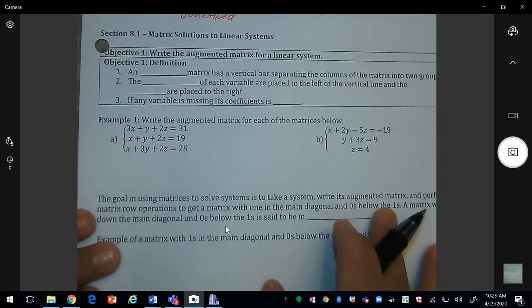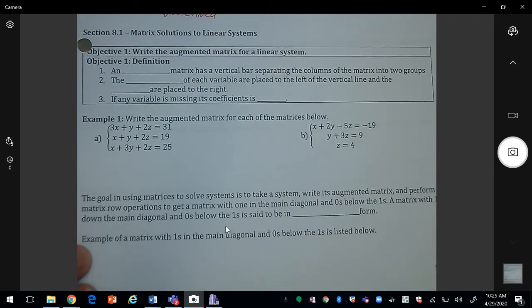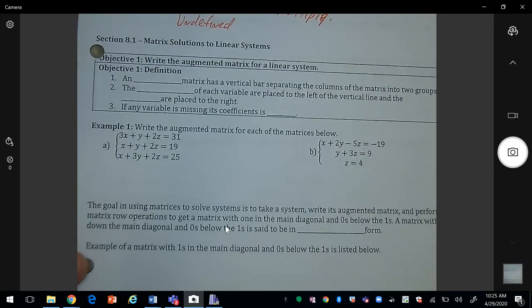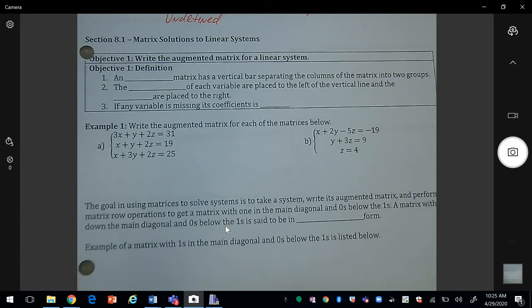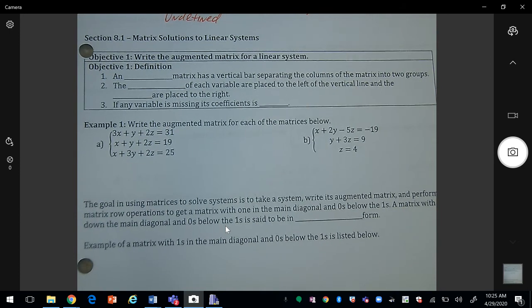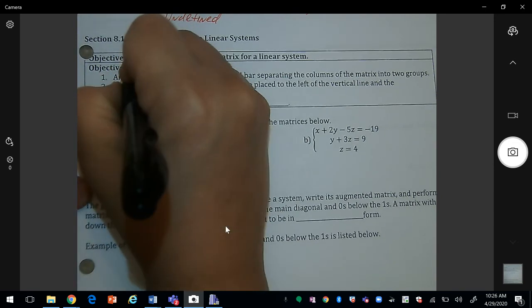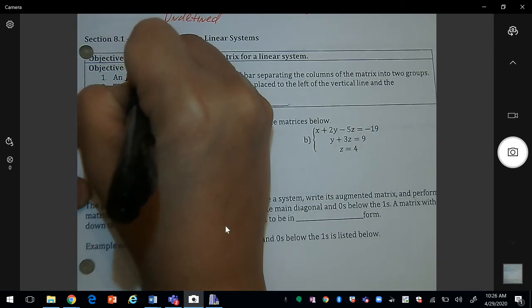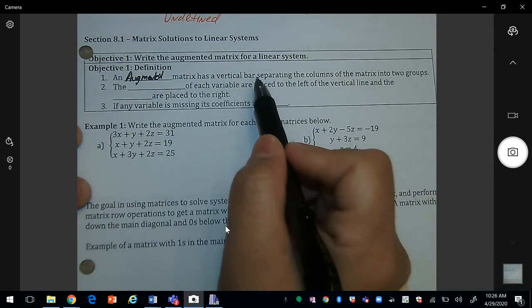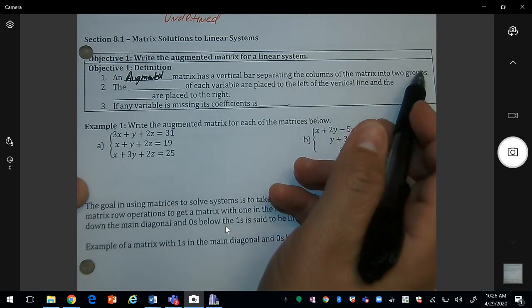All right, so the last part of this video is just to talk a little bit of section 8.1 and what is an augmented matrix. So basically, an augmented matrix has a vertical bar separating the columns of the matrix into two groups.